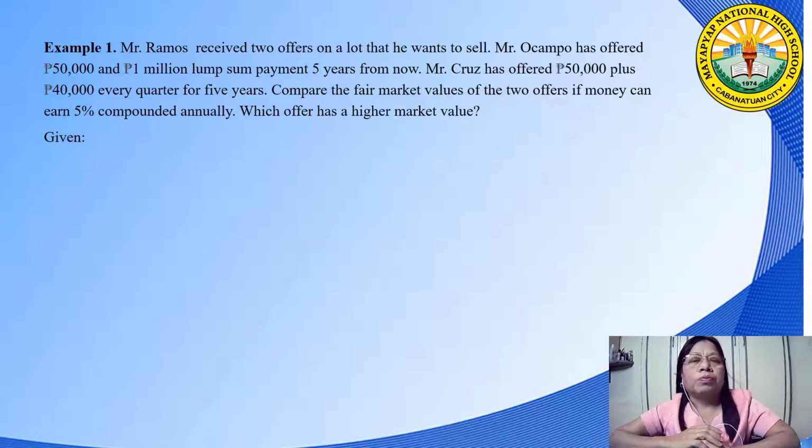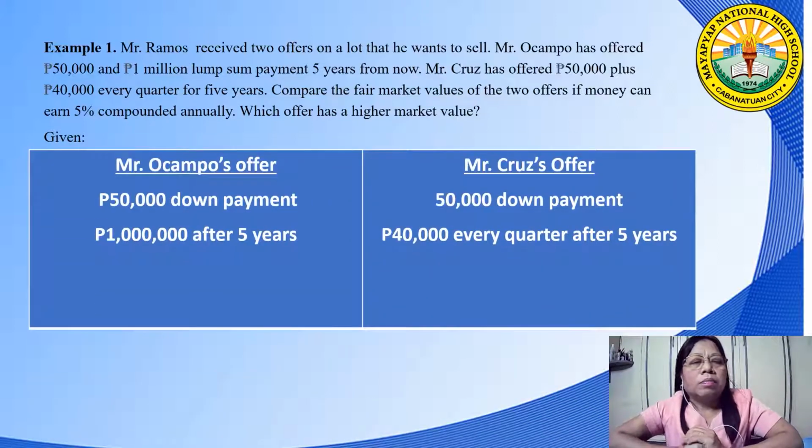So first is to identify the given. Mr. Ocampo's offer is 50,000 pesos down payment plus 1 million pesos lump sum after 5 years, while Mr. Cruz offers 50,000 down payment and 40,000 pesos every quarter for 5 years.